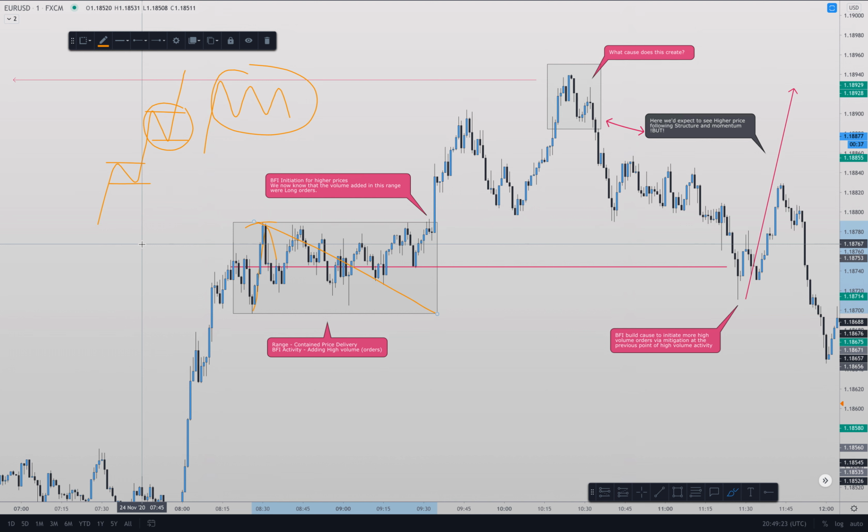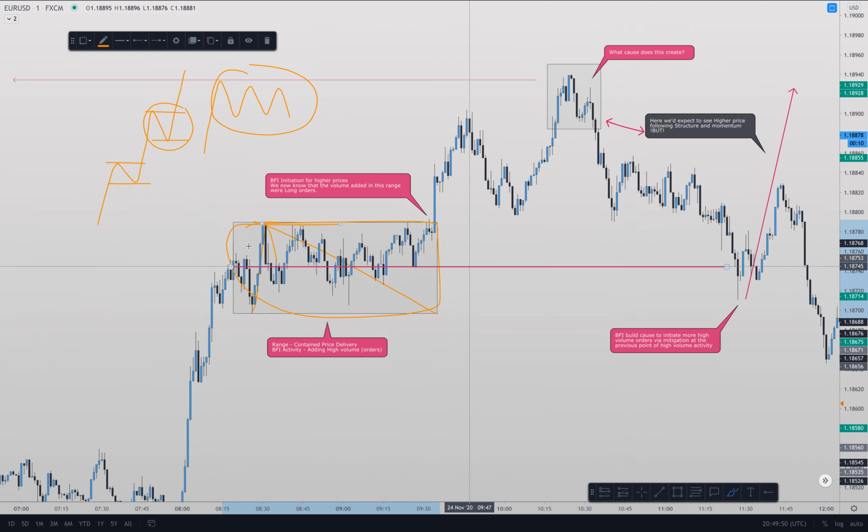And what we can see here is that when BFIs are containing price for long durations, these build, I'm trying to think of the right word, but these build solid areas within the market, if that's a way of saying it.